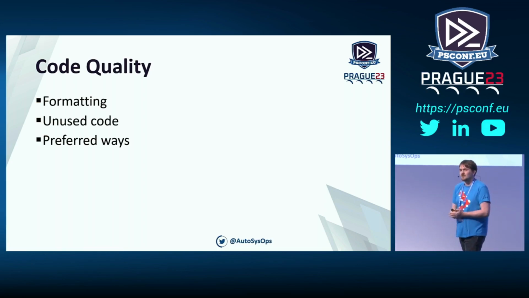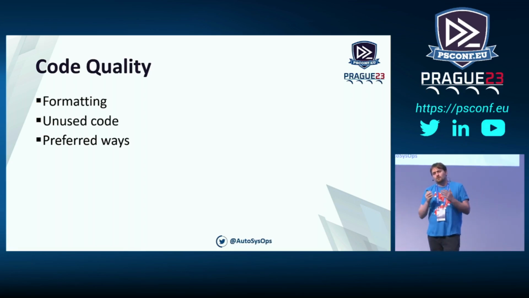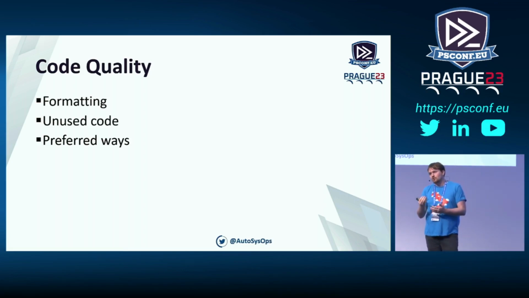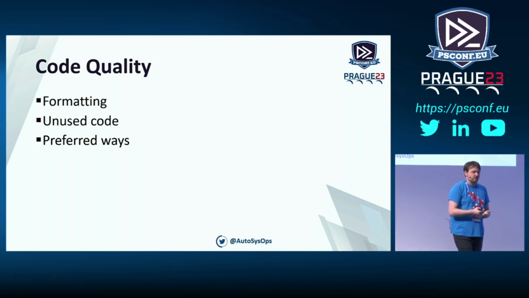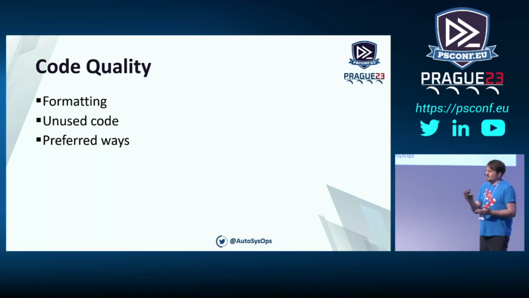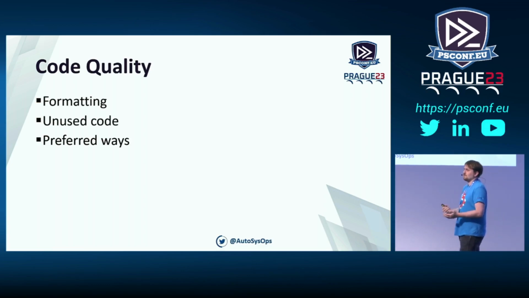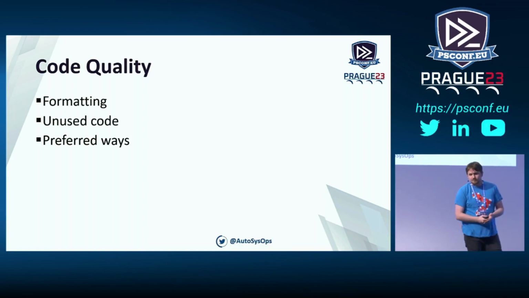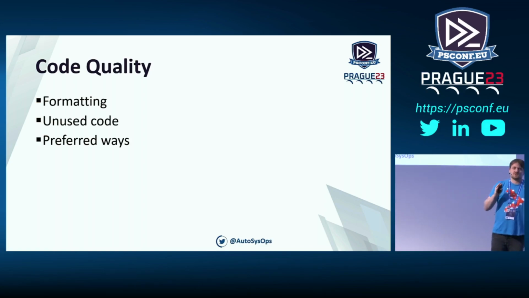Code quality is more about how properly written our code is. It looks at formatting of the code, at stuff like unused code and unused parameters. And we have some preferred ways of doing things, and with code quality testing, we can test if these preferred ways are actually being used or not. So it encompasses different things.